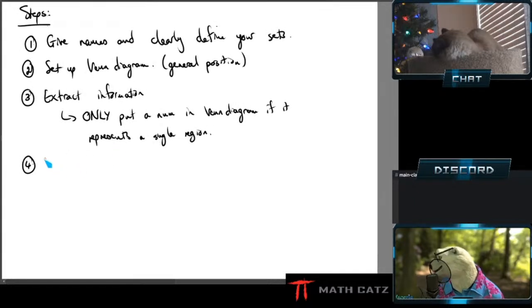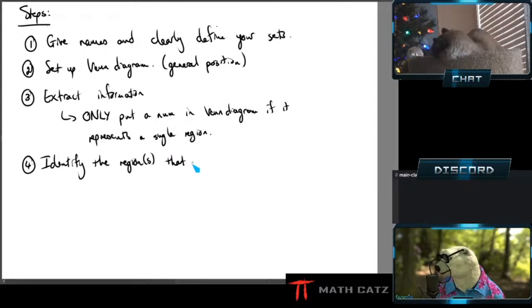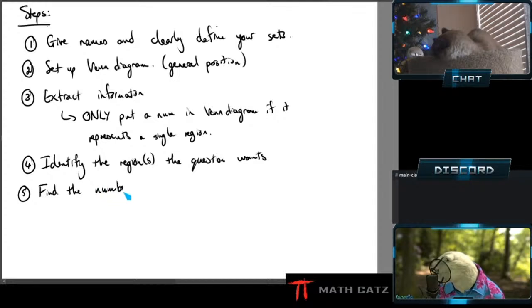And then, not lastly, almost, I want to identify the region or regions that the question wants me to find. And then find it. Find the number.